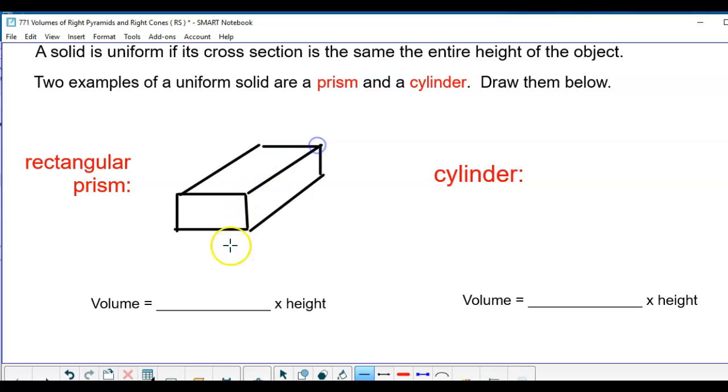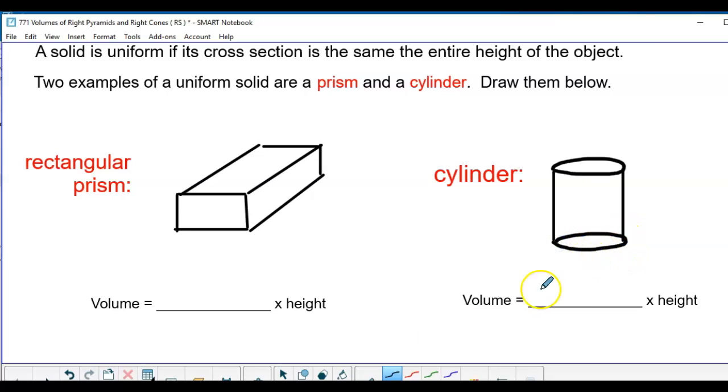Not so bad. Okay, and then a cylinder. So two sides the same, and then I'll just go to curved here. So then this will be a circle at the top and the same circle at the bottom. That was a little bit too wide there, but you get what I mean.